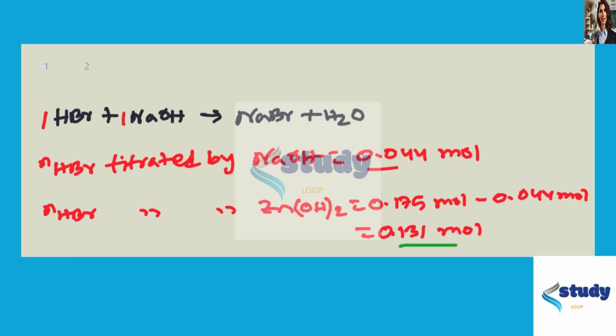So this is the number of moles of HBr which is titrated by zinc hydroxide.